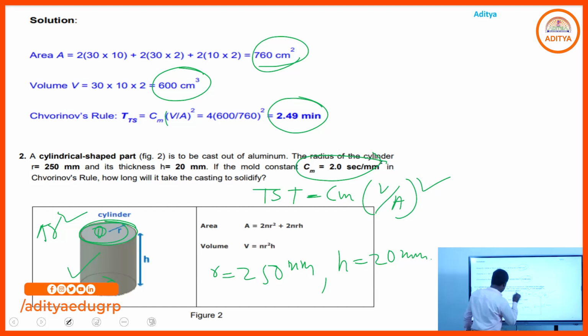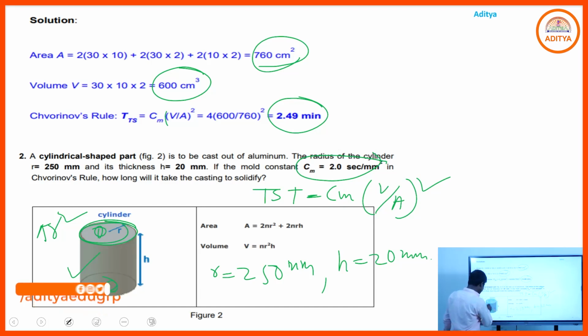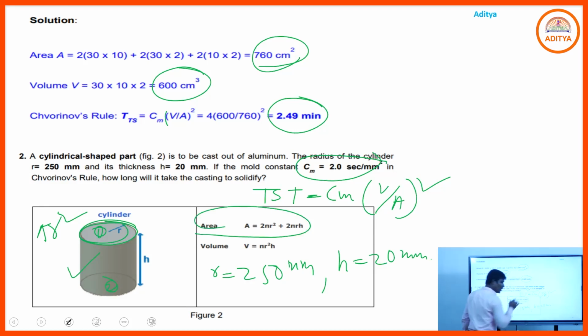So here area equals 2 pi r squared plus the circumference area, circumference 2 pi r into h. That is the total area of that cylinder. Volume we know is pi r squared h, that is the volume formula.